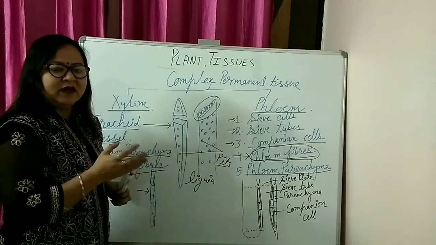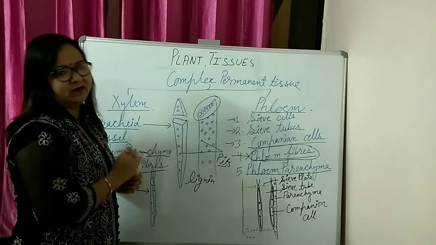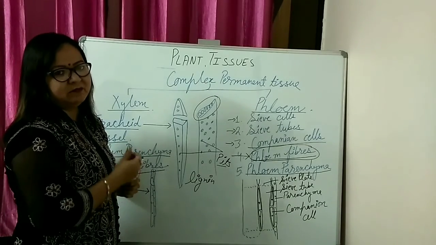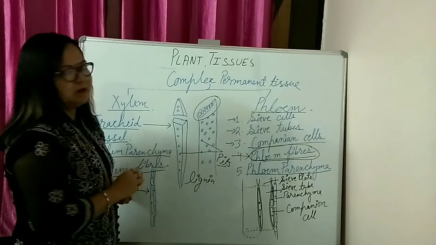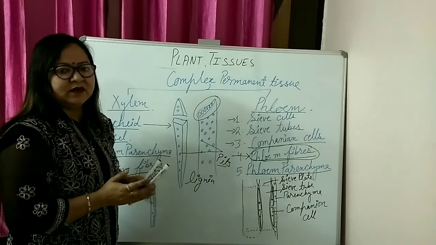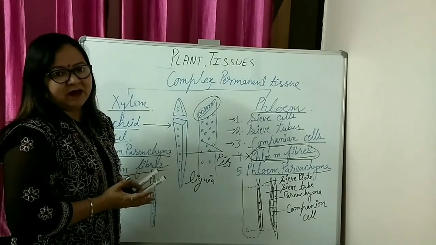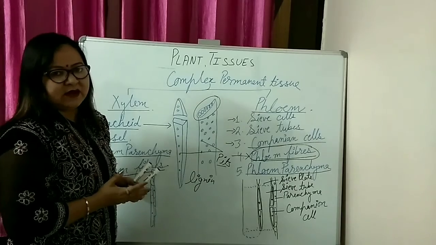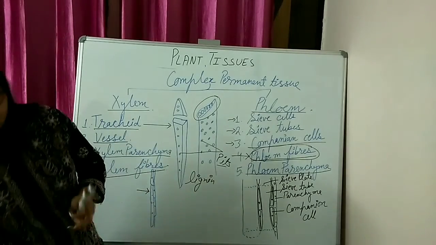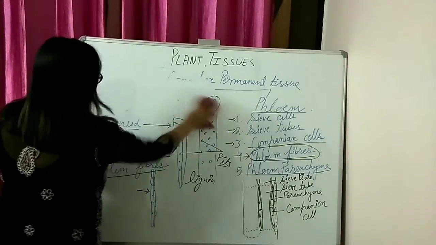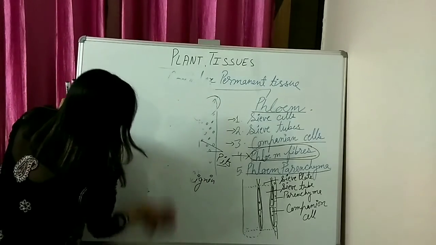Next, we have already discussed the meristematic tissue, then simple permanent and complex permanent tissue. What is the other remaining part of the plant? That we can categorize as the protective tissue. So next we come to the protective tissue.